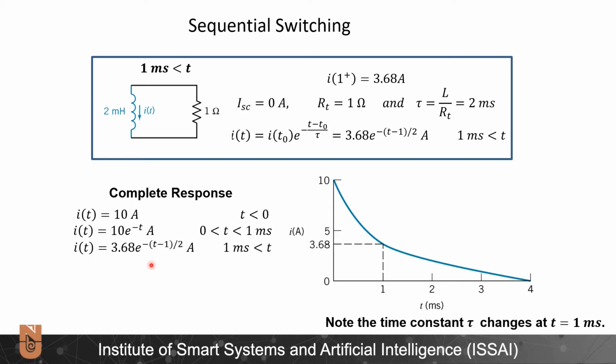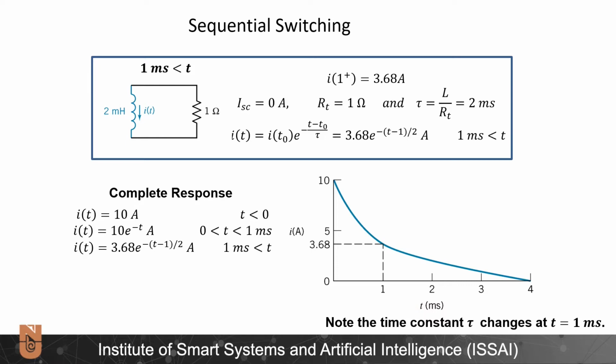Accordingly, the complete response of the circuit will be this. And according to this, the circuit will start from 10 amperes. We will have an exponential decay with a time constant of 1 millisecond, and then we will start having an exponential decay with a time constant of 2 milliseconds, and this will be the behavior of this circuit with sequential switching.